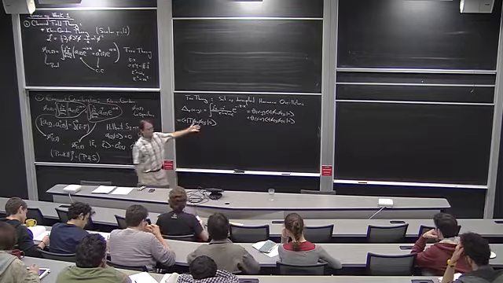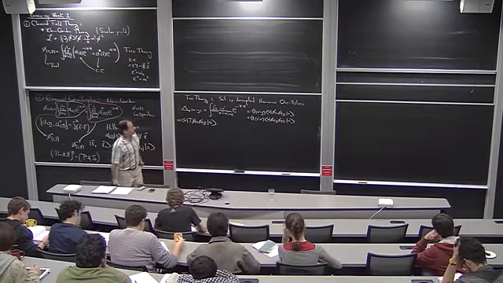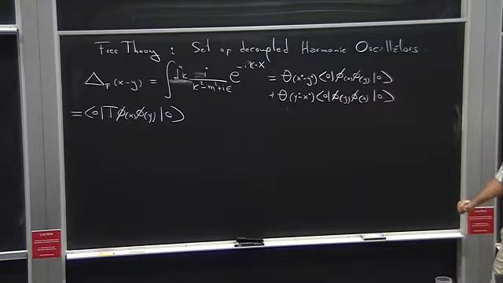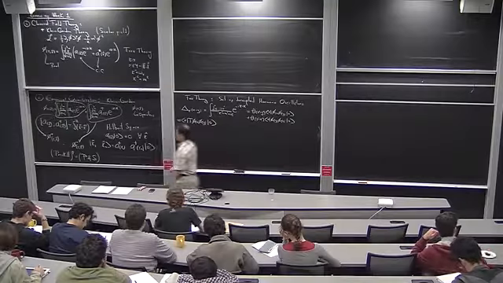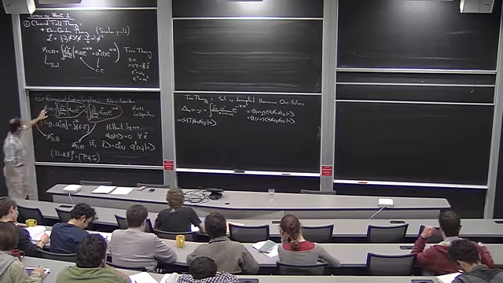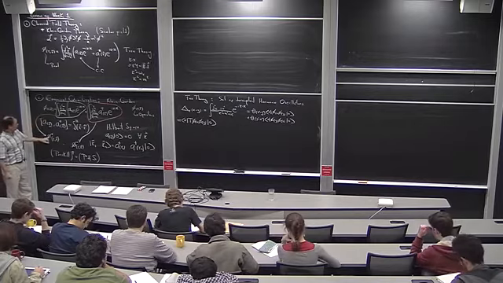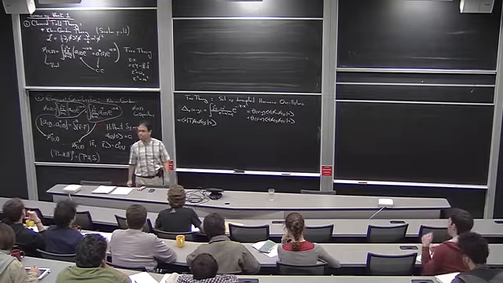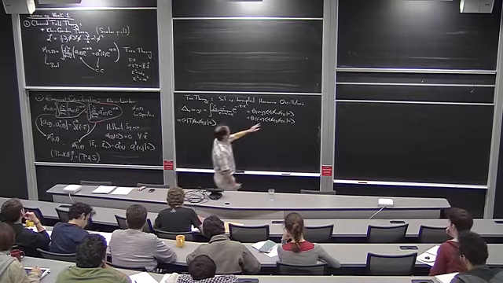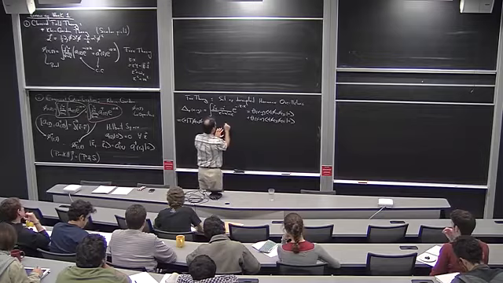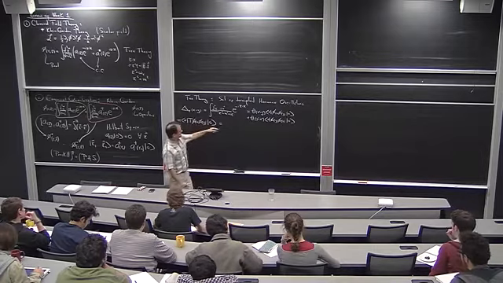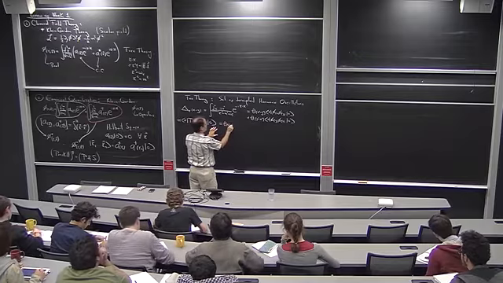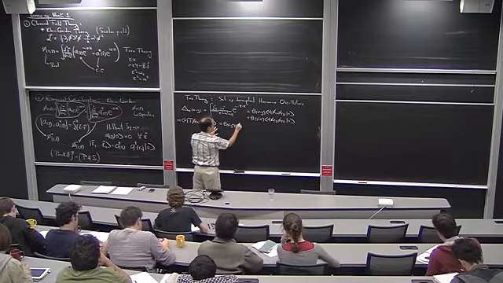So now that we're discussing this, let's use the chance to rewrite this a little bit, okay? We're going to use this decomposition. The field phi is going to be decomposed in phi plus and phi minus. So what do we get? This, which is equal to this, is equal to this.